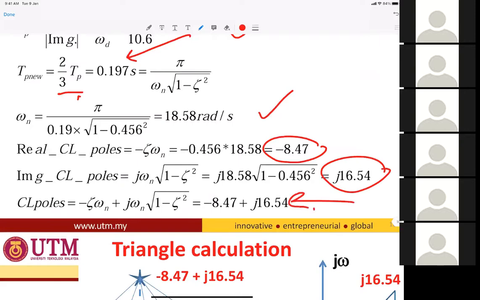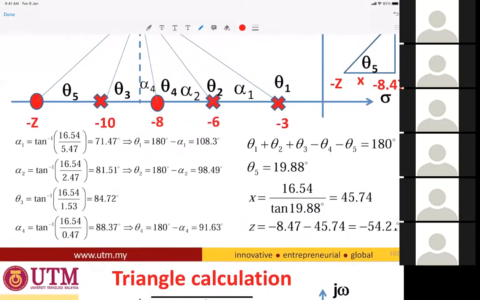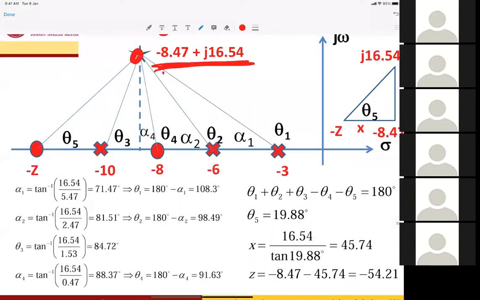Then you calculate the angle and the length. So this will become the test point for the new spec. So you calculate theta 1, theta 2, theta 3, theta 4, and theta 5, because we have a zero for the PD here. The existing zero is at minus 8, the existing poles at minus 10, minus 6, and minus 3.